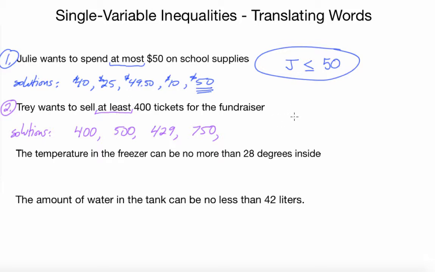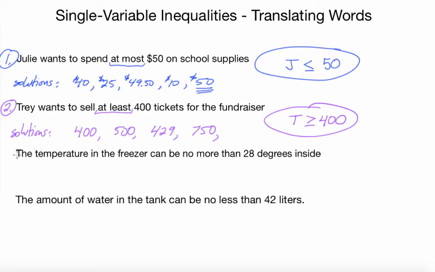So Trey would like to sell more than 400 tickets. But he would at least be happy with selling 400. So this is a greater than or equal to sign, because at least means it includes the 400 tickets, but he would be happier with more than that as well.